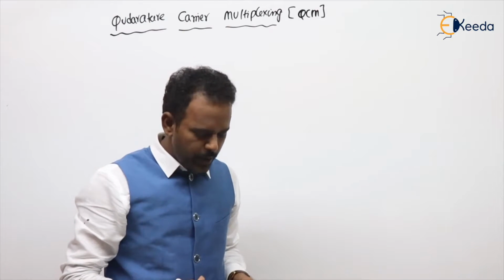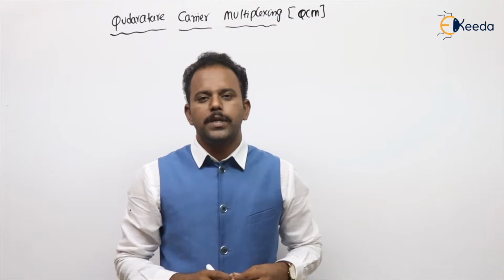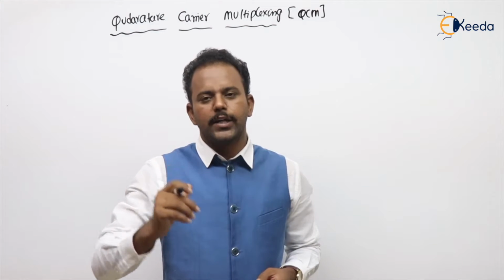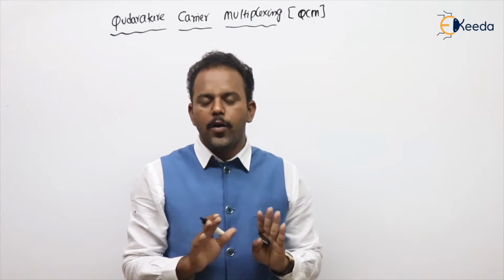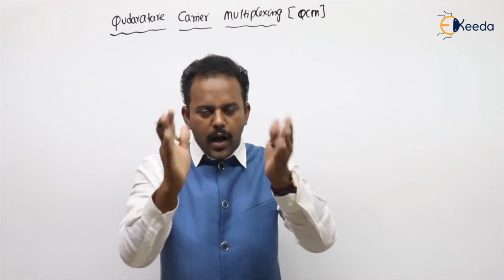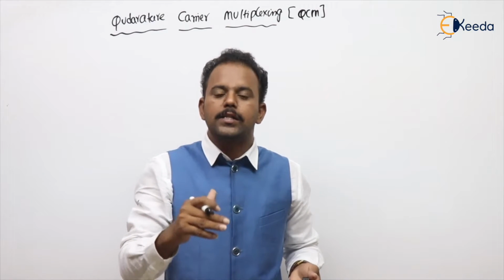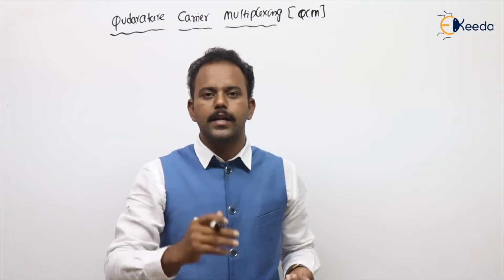For example, now we are listening to two subjects simultaneously. One is signals and systems, another is communication systems. If you don't have QCM, and two subjects are going on simultaneously, you will get a mixing of those two. You cannot understand anything.